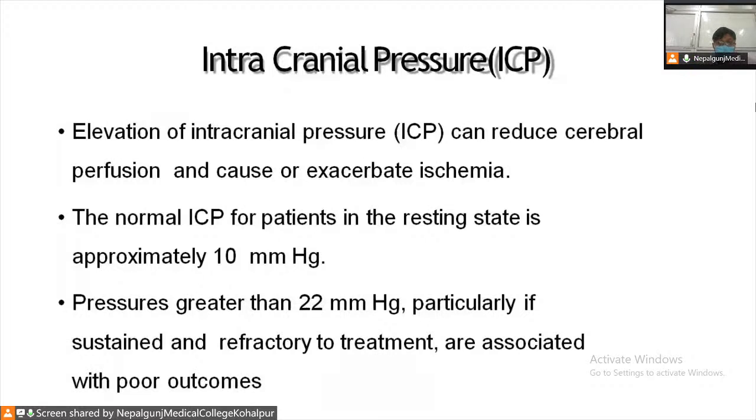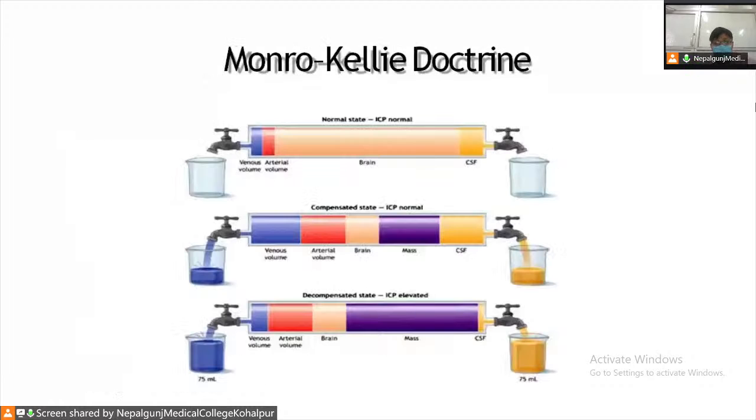This may result in disability with immobility. Normal ICP is usually 10 mmHg at rest, but if the pressure is more than 22 mmHg and sustained and refractory, this is associated with poor outcome and disabilities.